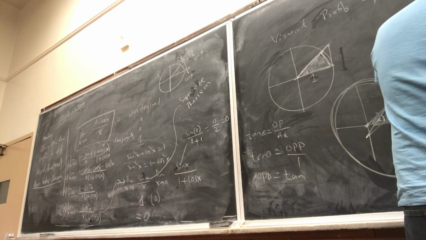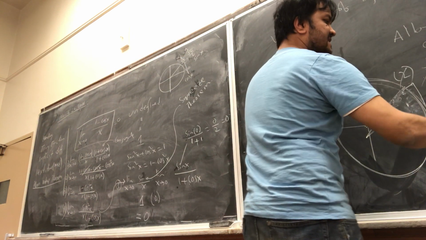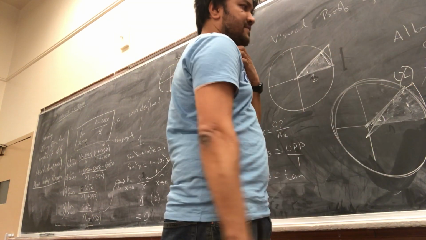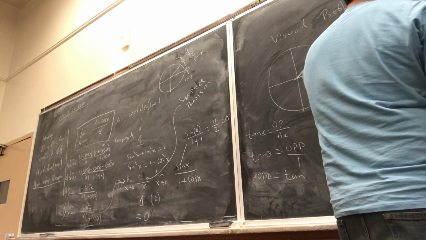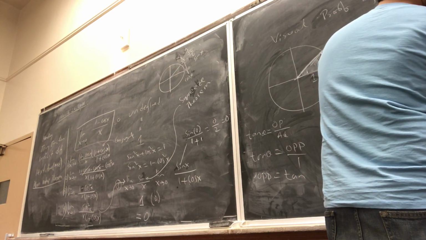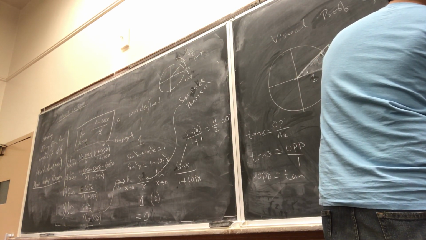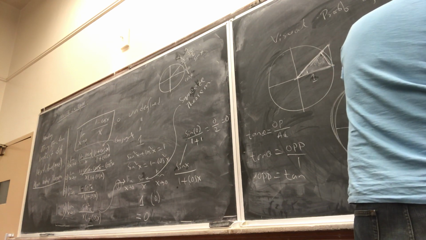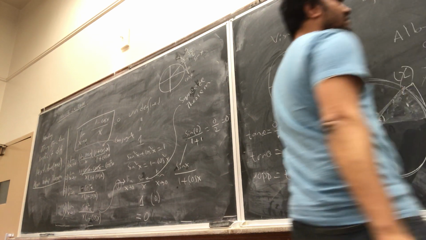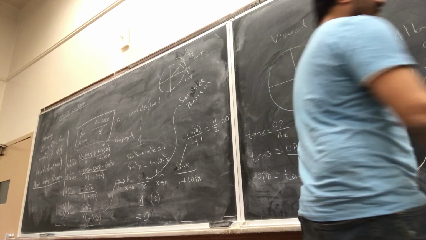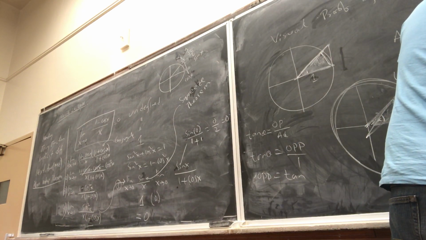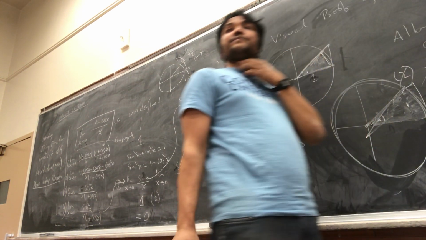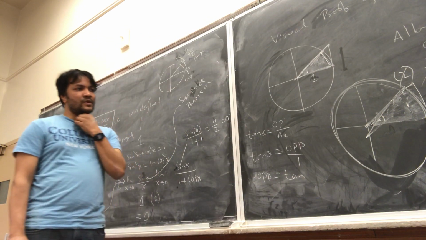If we divide everything by sin x, what do we get on the left side? 1. What do we get in the middle? Absolute value of x over absolute value of sine of x. And then what do you get here? 1 over cosine x.